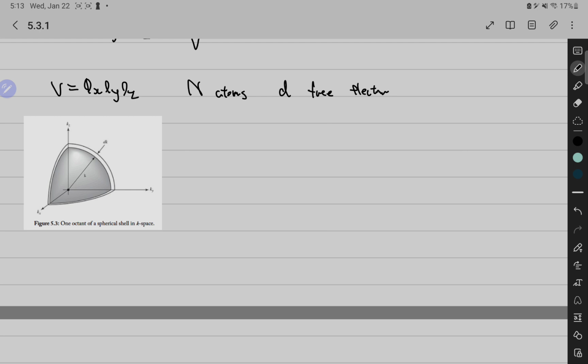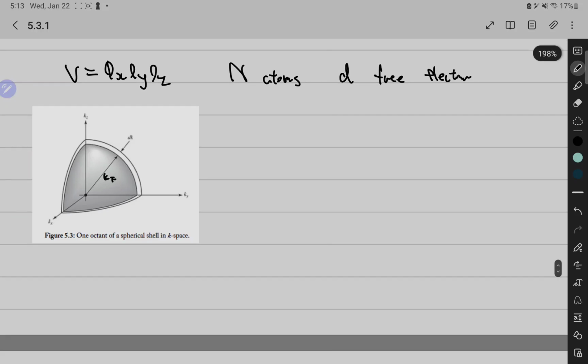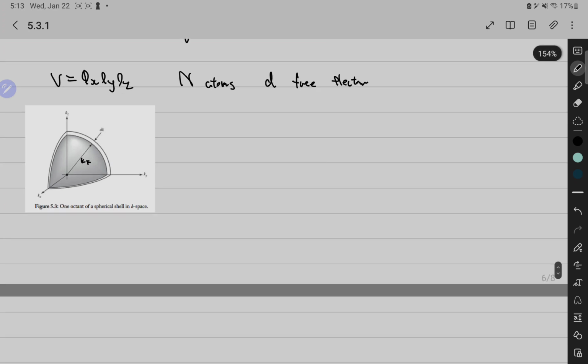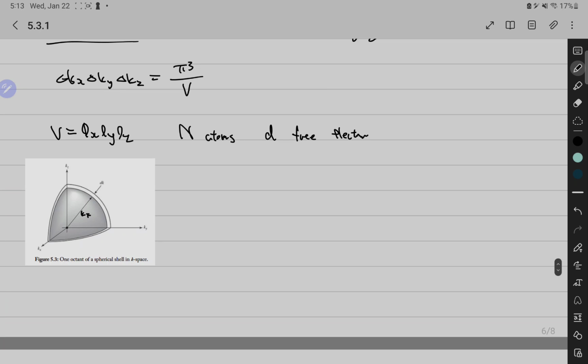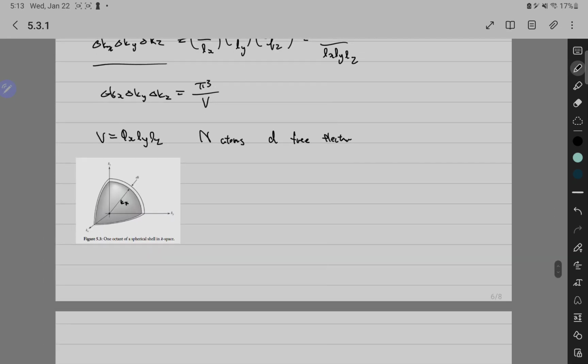And the radius of the sphere we call kf. So the radius is kf, which is what we call a Fermi wave vector. So what does this have to do with anything? How I would imagine this is that you try to incorporate the image I have here with the octant.